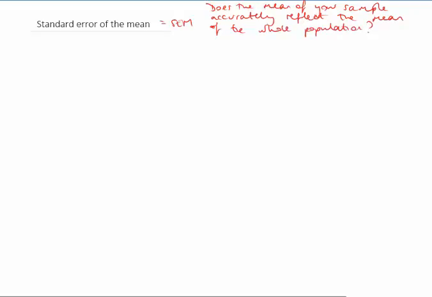So I'd just like to illustrate that with a bit of an example. So for instance, let's imagine we've got a population of measurements. So here are the measurements from all the different individuals. So here are 10 individuals, 1, 2, 3, 4, 5, 6, 7, 8, 9, 10. So our population mean is 5.5.